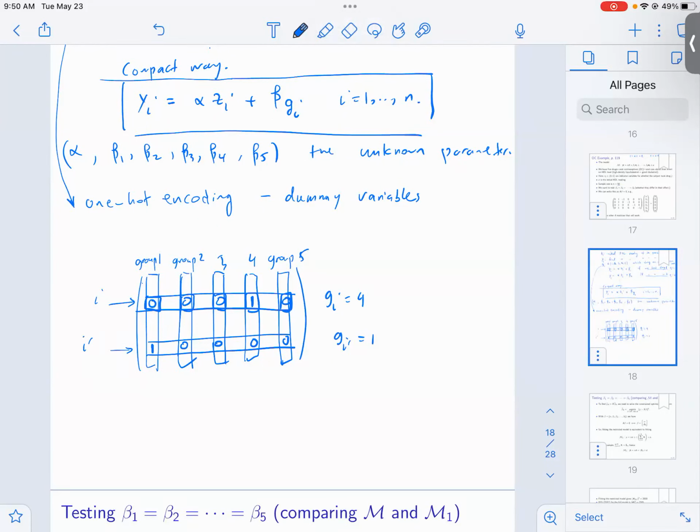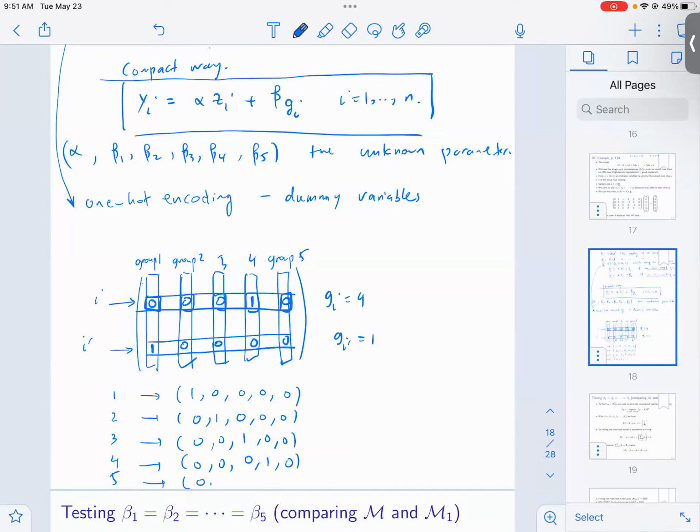It's an encoding because it just encodes the same information, but in a different format. There are different kinds of encodings. If you take electrical engineering or information theory, this is one way of coding the information. There are many different ways of coding, okay?